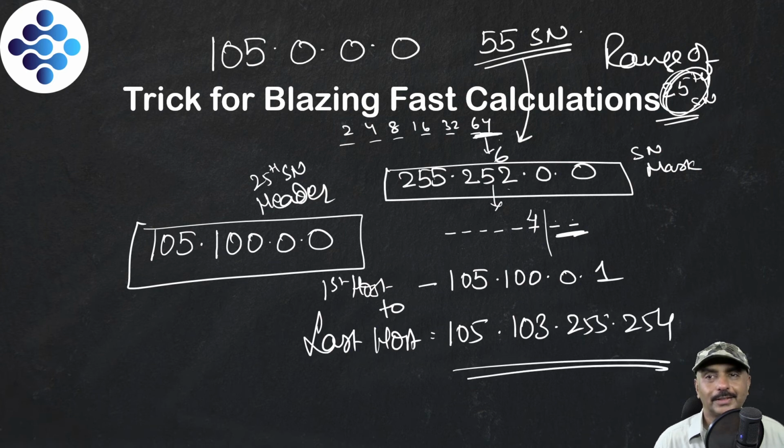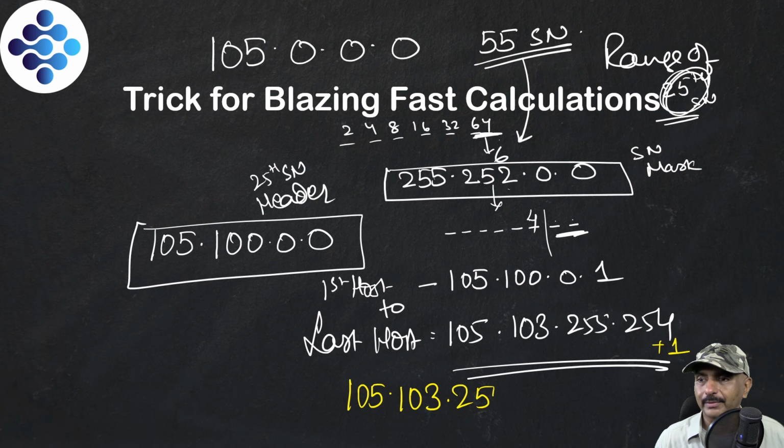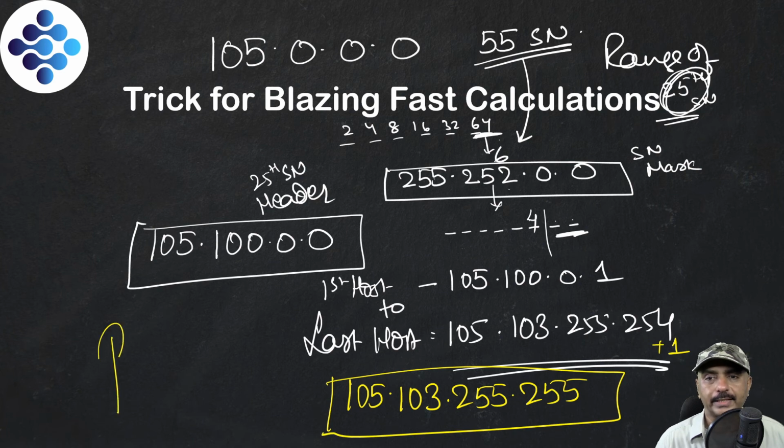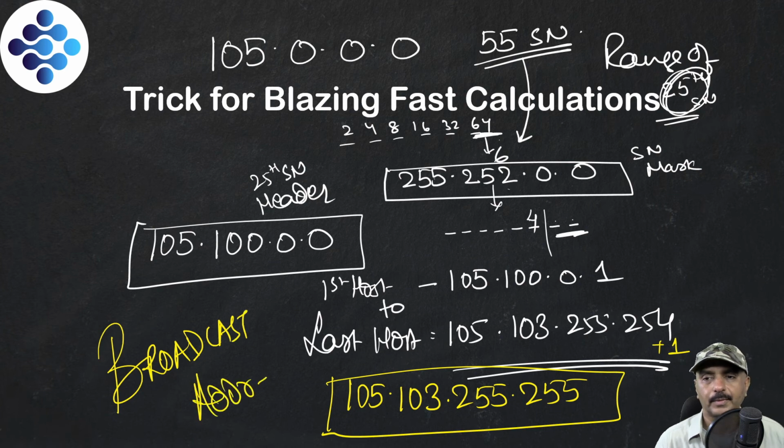That's your answer. And one more interesting thing, if you add one more to this, it is 105.103.255.255. This is what is called the broadcast address. So that's how we calculate.